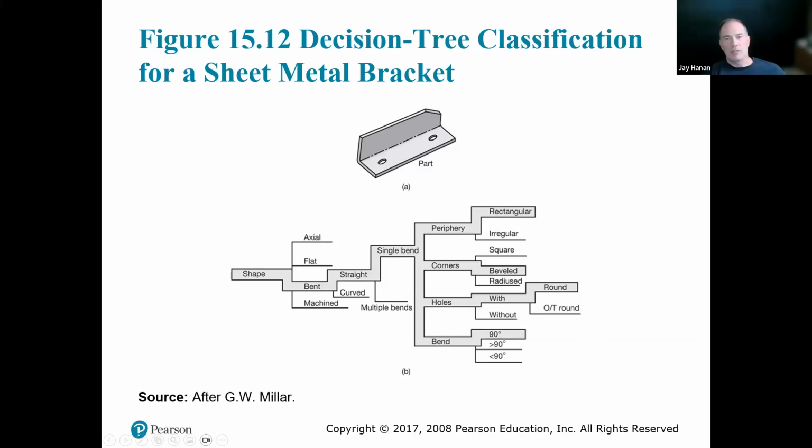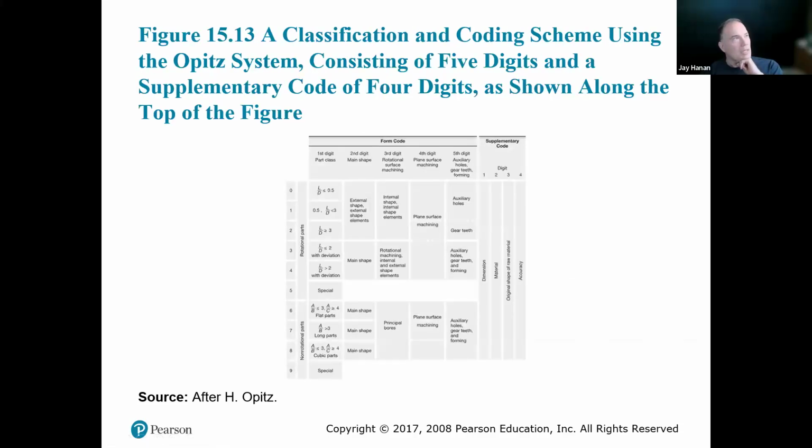Let's go to the next slide. Classification and coding scheme using the OPIT system. So we have 5 digits and a supplementary code for 4 digits, and there are some other coding systems too, shown in the book.